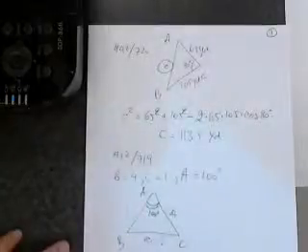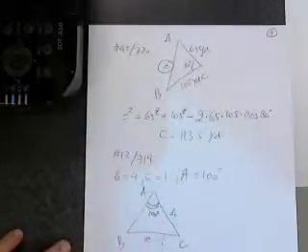Minus 2 times 4 times cosine 100. And I got approximately 18, but I have to take the square root. So the square root of the previous answer, and I get 4.3 roughly. So A is approximately 4.3.